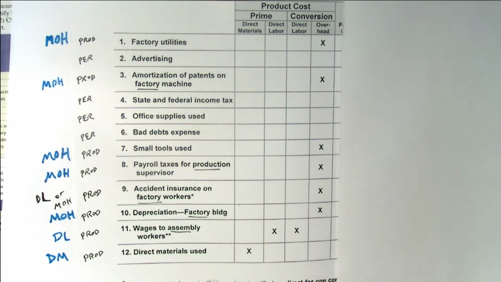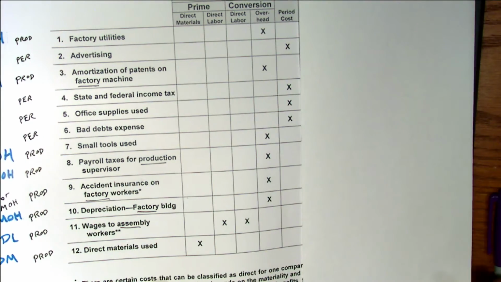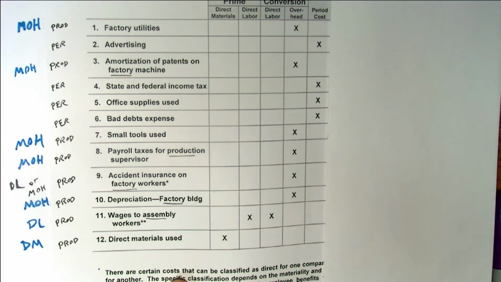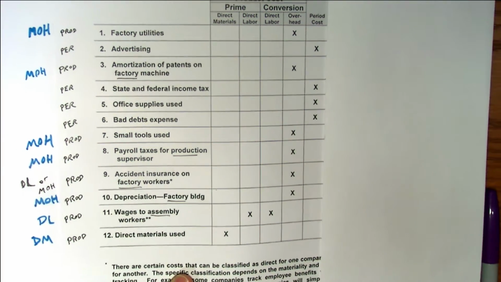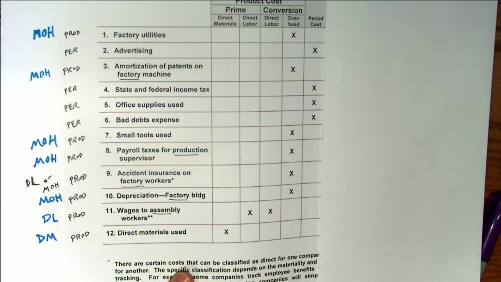Okay, the next column was they wanted us to put, for all the period costs, an X in that column. And then lastly, they wanted us to identify if it's a direct or an indirect cost. Now we're only doing this for product costs, correct? So for those product costs, let's decide if they are direct or indirect.